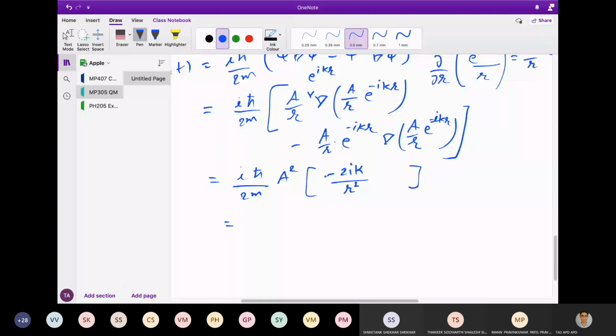So ħk a square divided by m r square. So that should be your probability current density: ħk a square upon m r square.